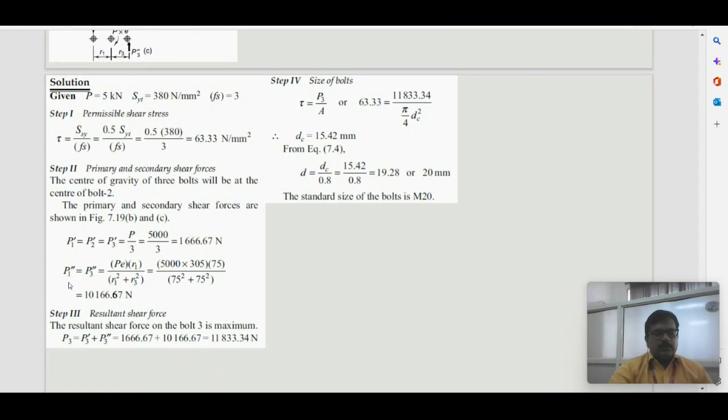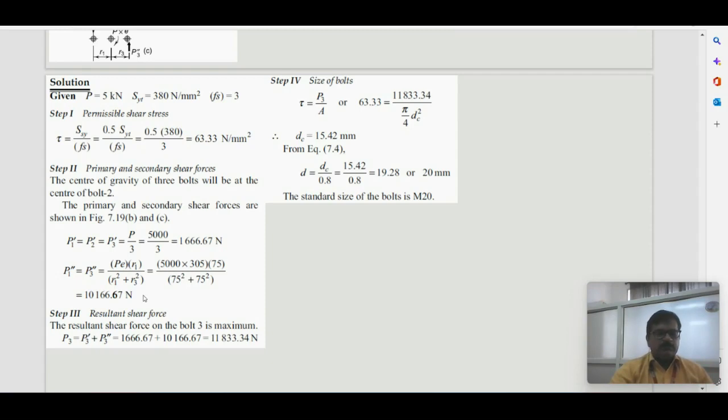P1 and P3 are at equidistant, equal to P E by R1 square plus R2 square plus R3 square, where R2 is 0, the distance of the center of the second bolt from the centroid, so it is removed, and since R1 and R3 are the same we write it as R1. On bolt 1 the primary is downwards and the secondary is upwards.